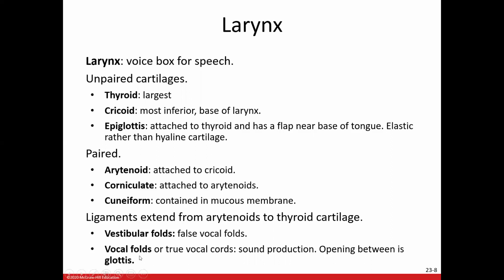And then you have your vocal cords, which are your true vocal cords. These actually produce sound. And between your vocal cords and the vestibular folds, you have the opening, which is the glottis.